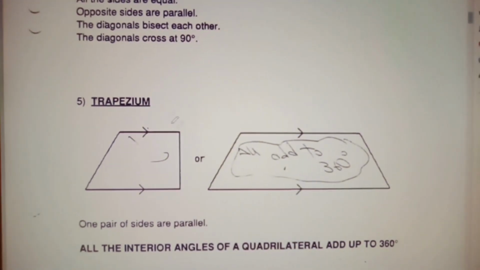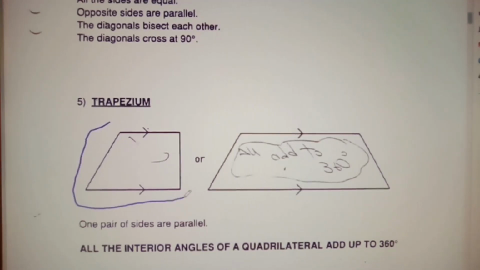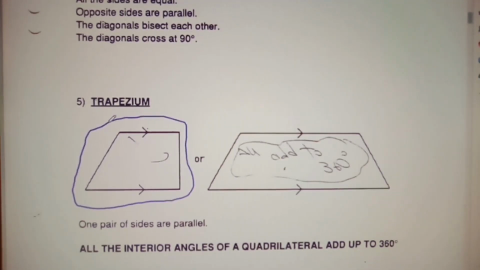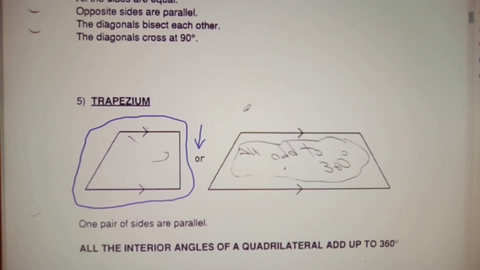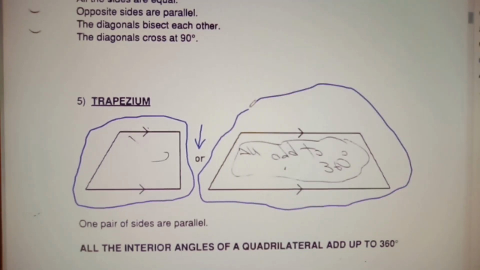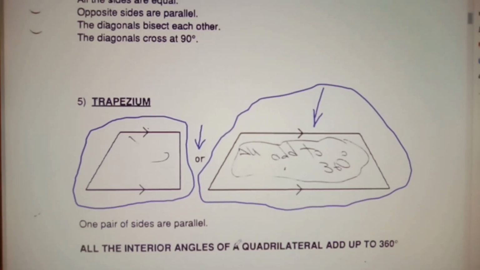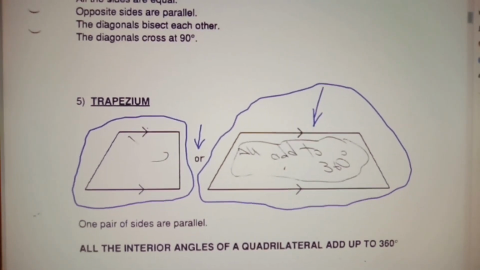Now this is what it would kind of take the shape of, or it can look like this. One pair of sides are parallel.